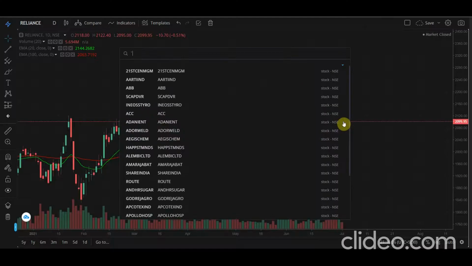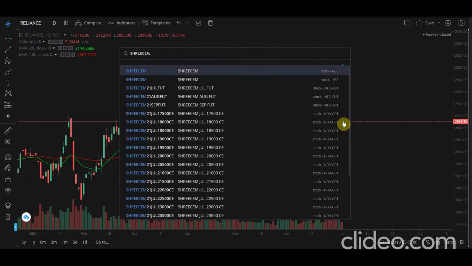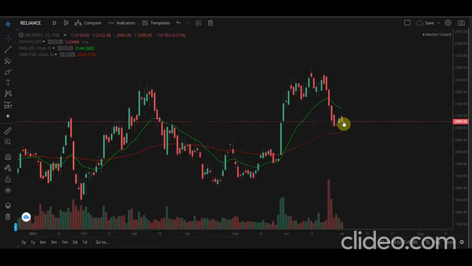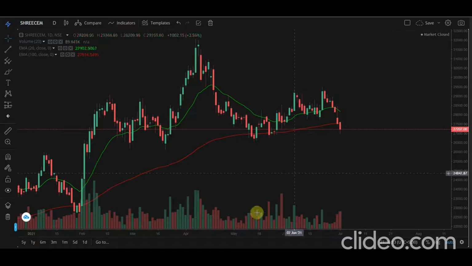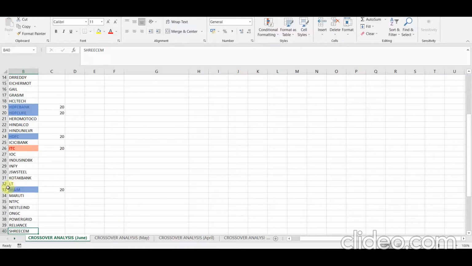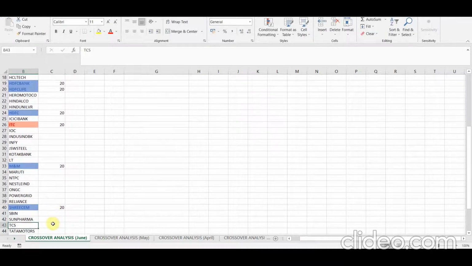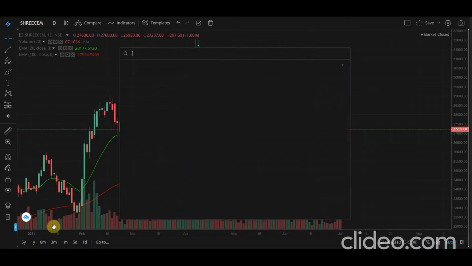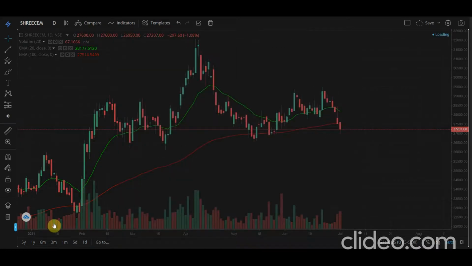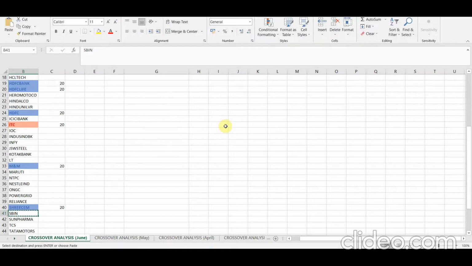Next is Shree Cement. It's quite an expensive stock, cost wise. Yeah, it's coming very near, so I'll mark it as blue. We might see a crossover in this. SBI, let's check. Very far.